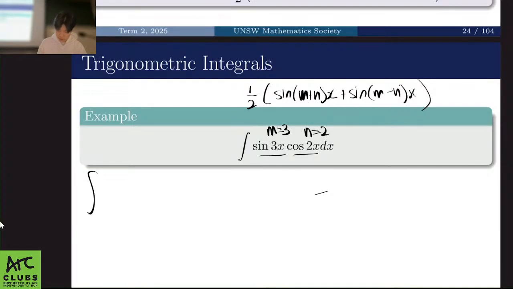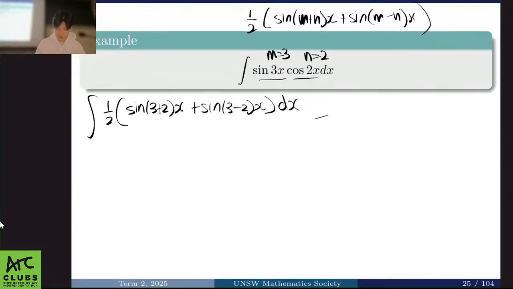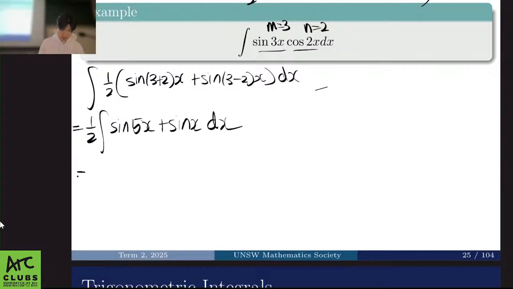So the integral is going to be half, sine (3 plus 2)x plus sine (3 minus 2)x dx, which is half sine 5x plus sine x dx.